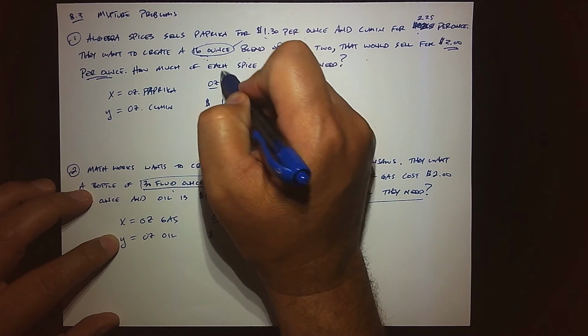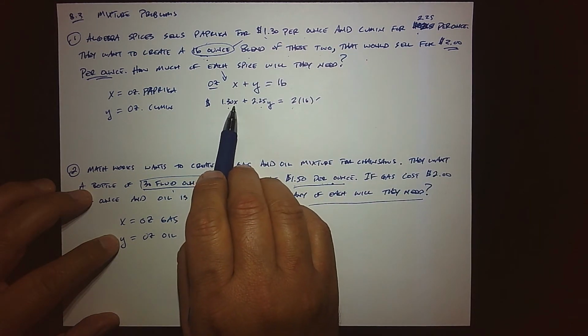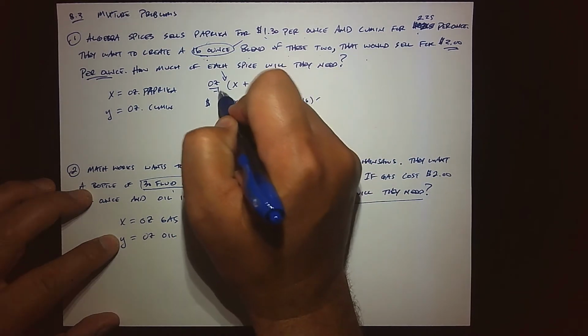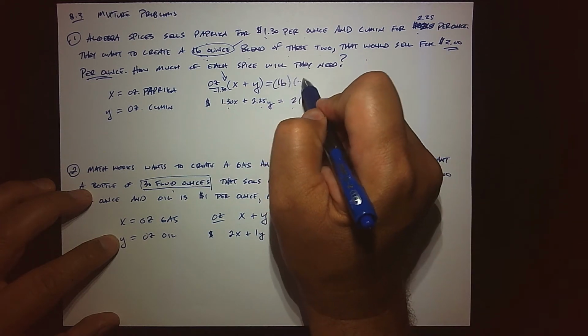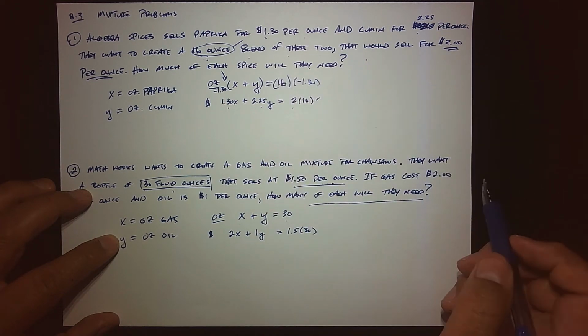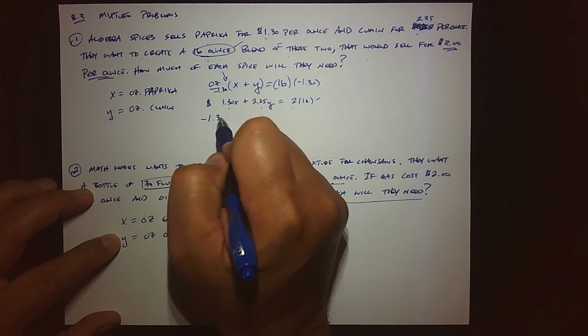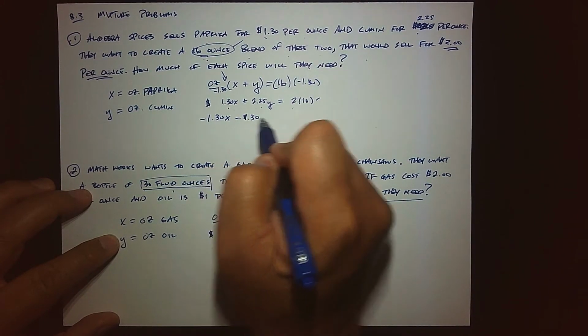So let's eliminate x. And so we have 1.3 is the coefficient for this x and 1 up here. So what I need to do is multiply by negative 1.30. Whatever I do to one side, I have to do to the other. Okay, so our new equation becomes negative 1.3x minus 1.30y.